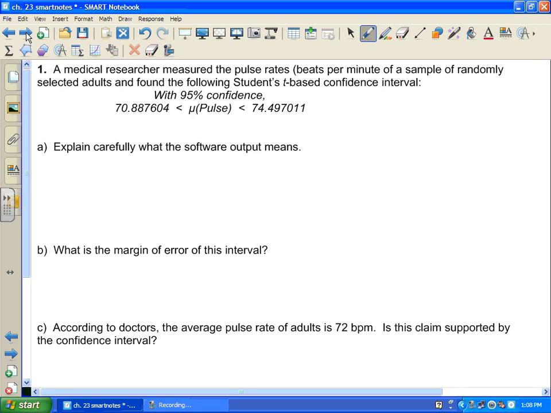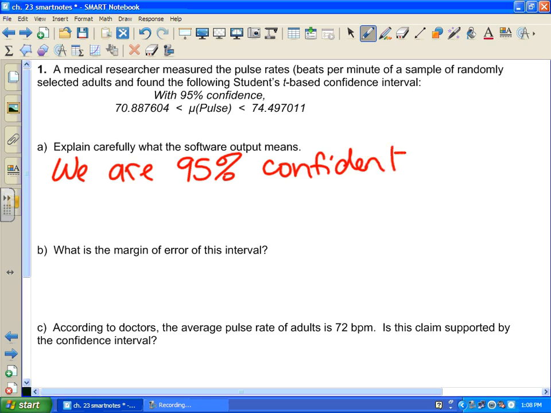So let's just review. Going back, how do you explain that? There we go. Remember this? We are 95% confident that... Okay, what are we estimating?